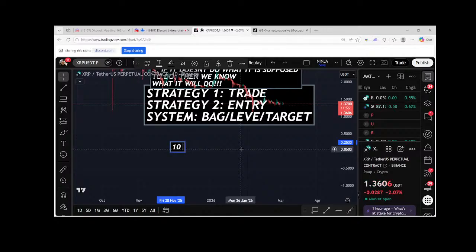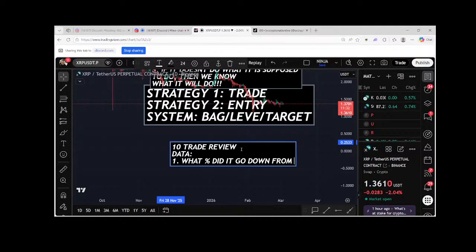And that's where we have the 10 trade review, okay? And what that comes down to is just basically data, right? It's very simple data, right? So what we need here, number one, is what percent did it go down from my entry?